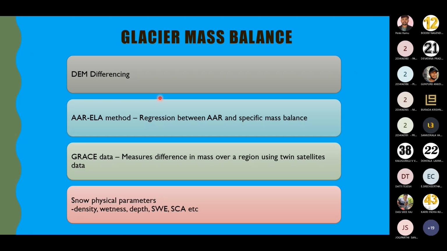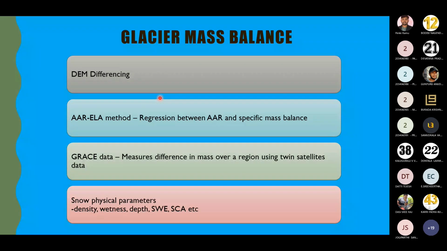This altering happens because there is a change in gravity due to mass changes. With the help of this gravity experiment, it is possible for us to study glacier mass balance, and different snow physical parameters can also be studied.